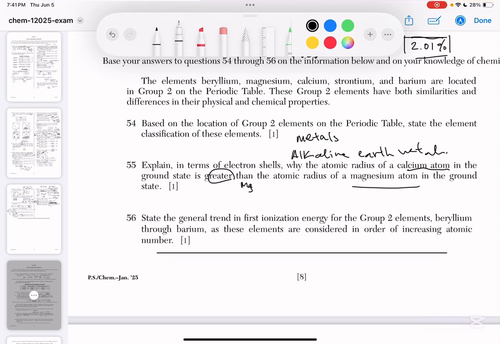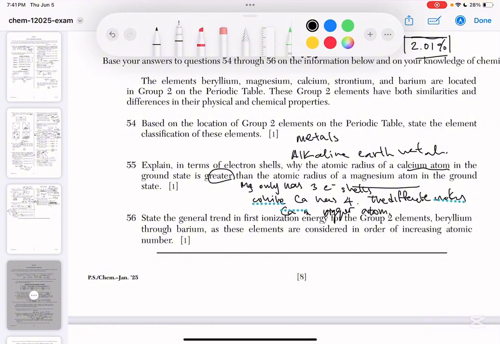So you can say magnesium only has 3 electron shells, while calcium has 4. The difference makes calcium a bigger atom.